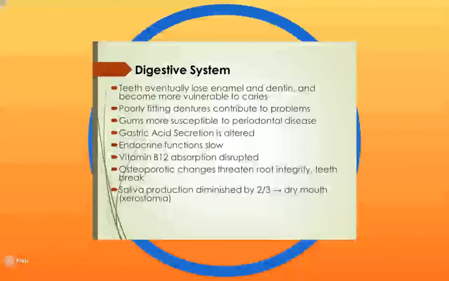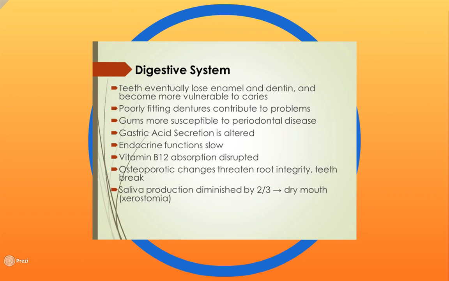The digestive system, we talked about this too. So the teeth become loose, they lose enamel, they become vulnerable to tooth decay again. But more importantly in here that we should highlight is the gastric acid secretion is altered, the endocrine functions slow, and vitamin B12 absorption is disrupted.